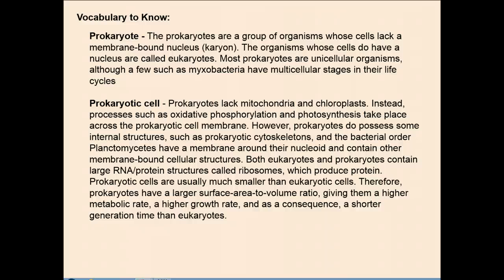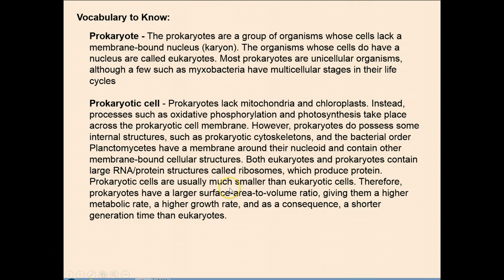Prokaryotic cells lack organelles like the mitochondria and chloroplasts, and processes such as oxidative phosphorylation and photosynthesis take place across the prokaryotic cell membrane, the large cell itself, but they don't possess those internal structures like the eukaryotes do.